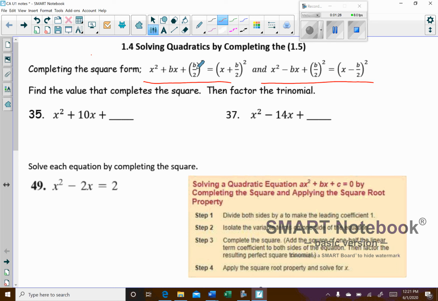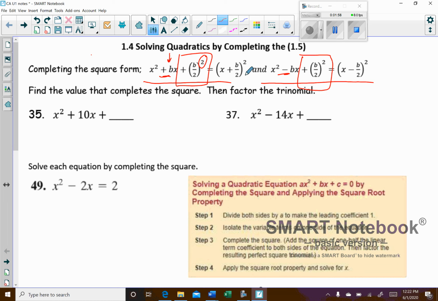The third term, the constant, is going to be half of the middle coefficient raised to the second power. That's true for both of these. The only difference is one has a plus, one has a minus, but this one is always plus. Then it will factor into x plus half of that middle coefficient, all to the second power. It'll be a little easier to understand once we do a couple examples.